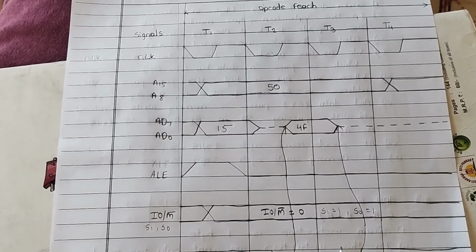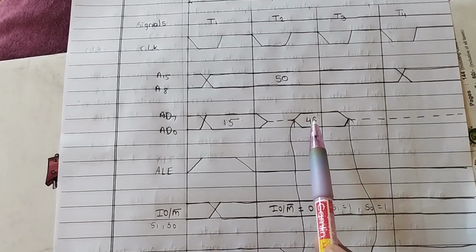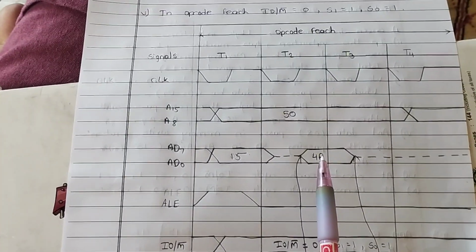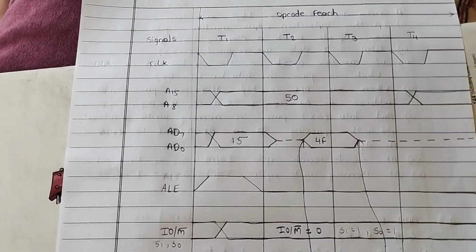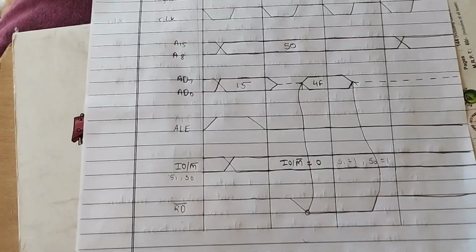The only difference is that we change the addresses and data; the other process is the same for drawing the opcode fetch machine cycle.